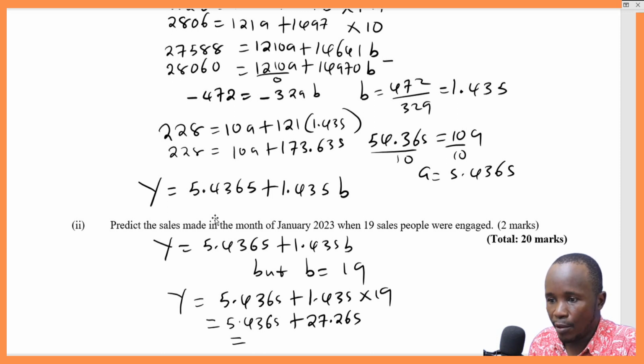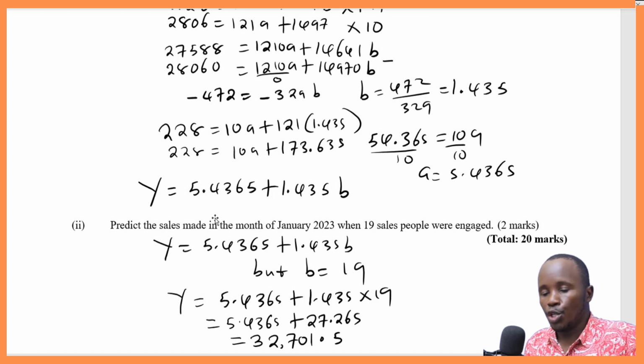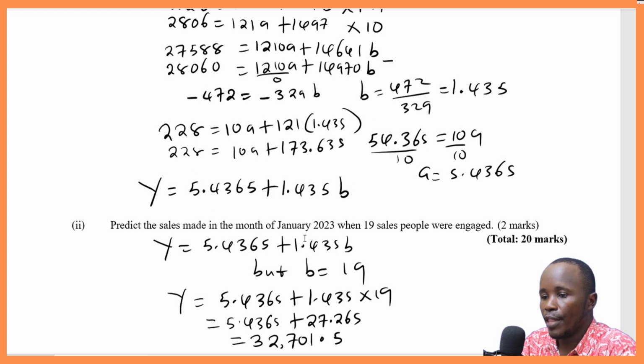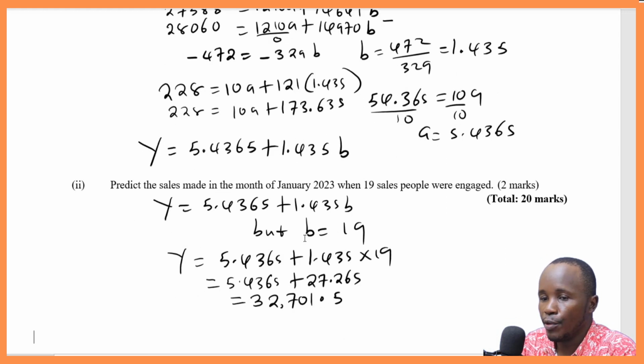Then multiply by 1,000 because the figures were in thousands. So here we are going to have 32,701.5. That is what you are supposed to do in this question so that you score all the 20 marks.